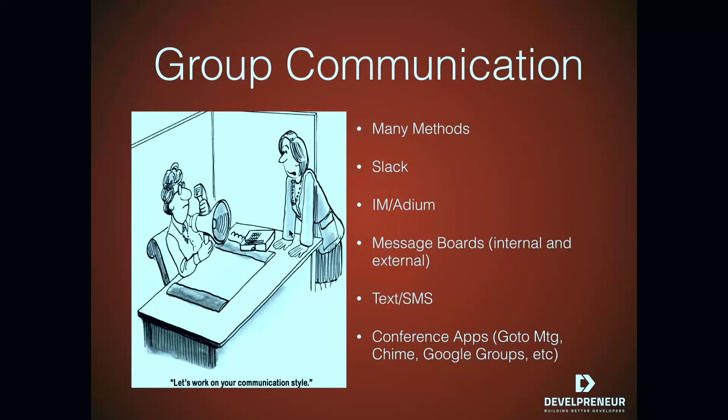Group communication. This is like a golden age of group communication tools. There are so many methods out there to communicate as a group. And by this, it can be small groups, like a little team, or it can be huge, like basically all the social networking sites. And of course, there are networking sites that aren't really social networking sites. They are, but they have a more narrow focus.